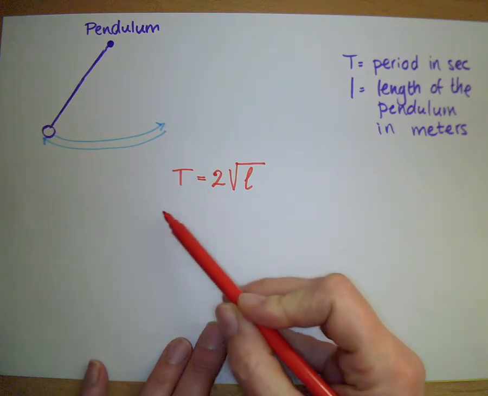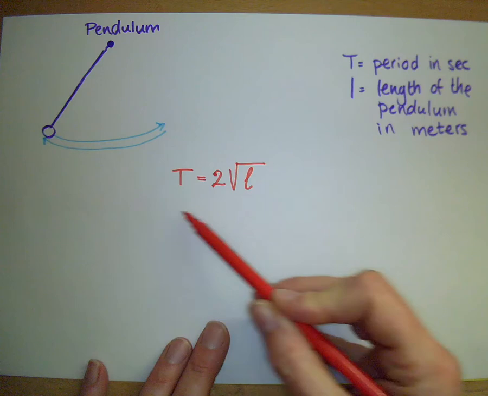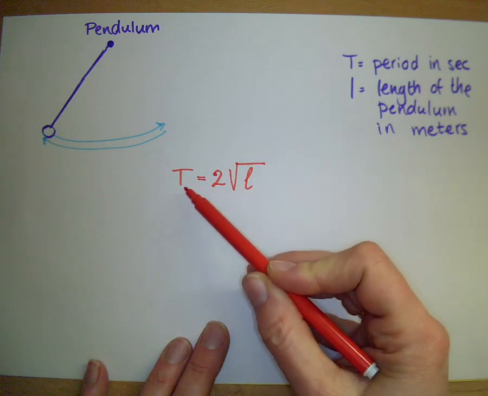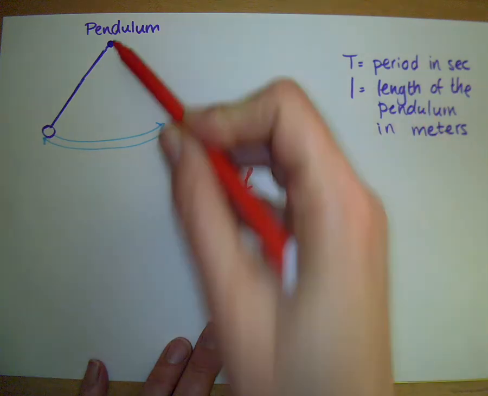This is the equation that physicists have found is true for the period of a pendulum.